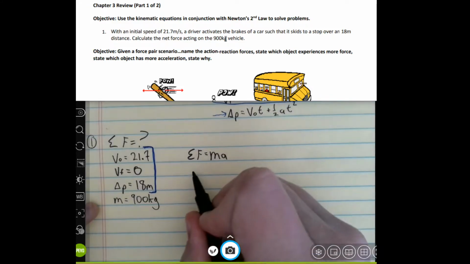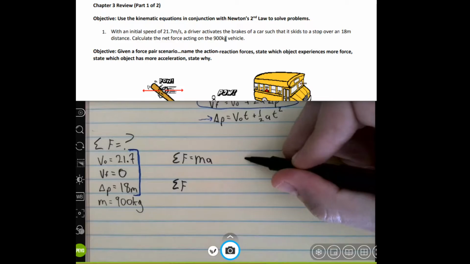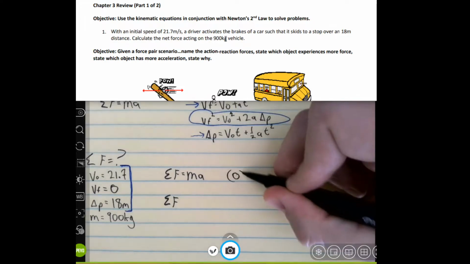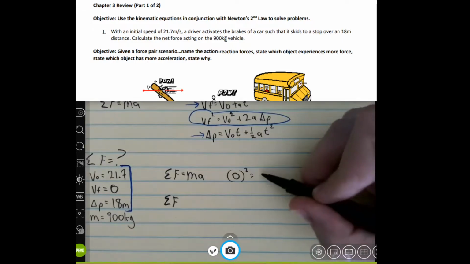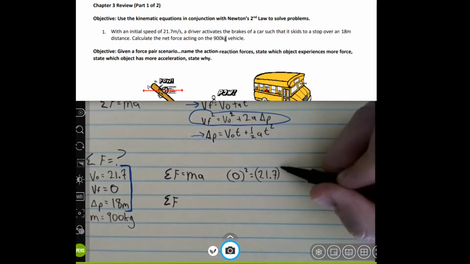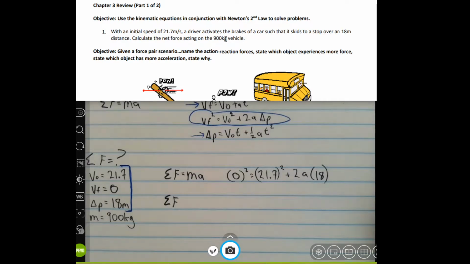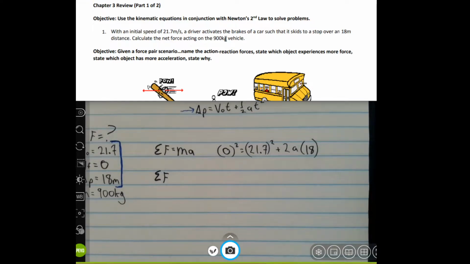Here we go. Sigma F. Oh wait, no. What am I doing? That equation there. I'm not going to rewrite it. I'll just plug the numbers straight in. So it's 0 squared equals VO, which is 21.7 squared, plus 2 times A times 18. You can rearrange the numbers first and then type in your calculator, or you can type in your calculator every step of the way. I'm going to do it that way.